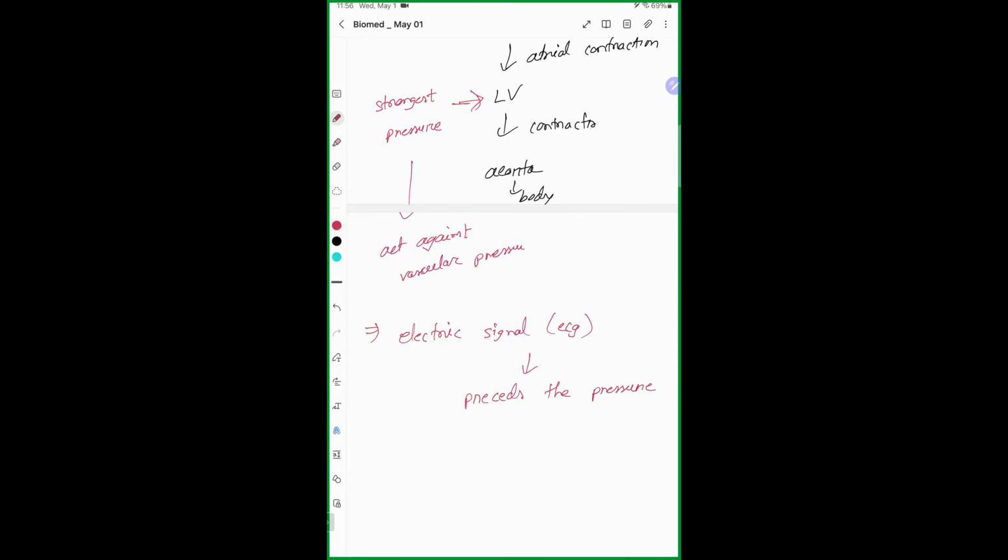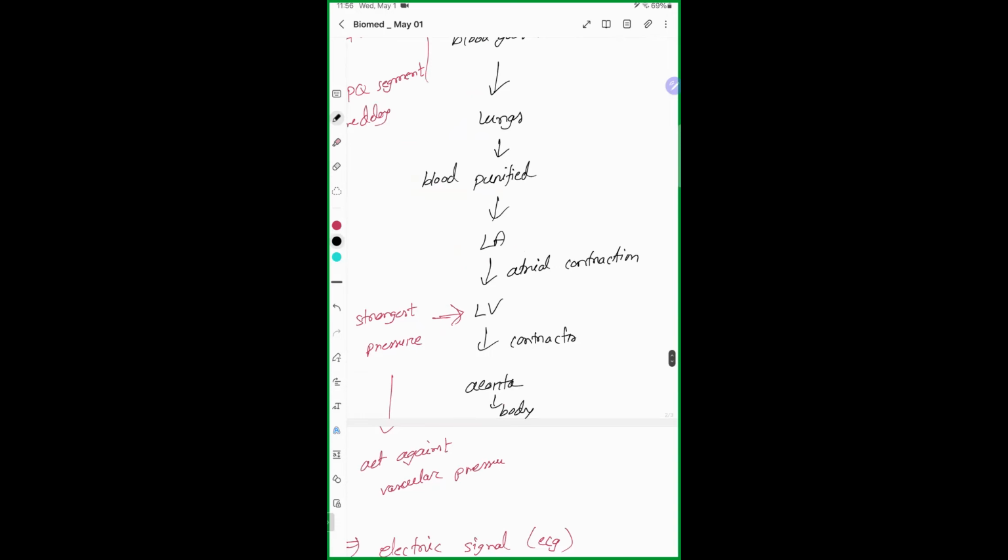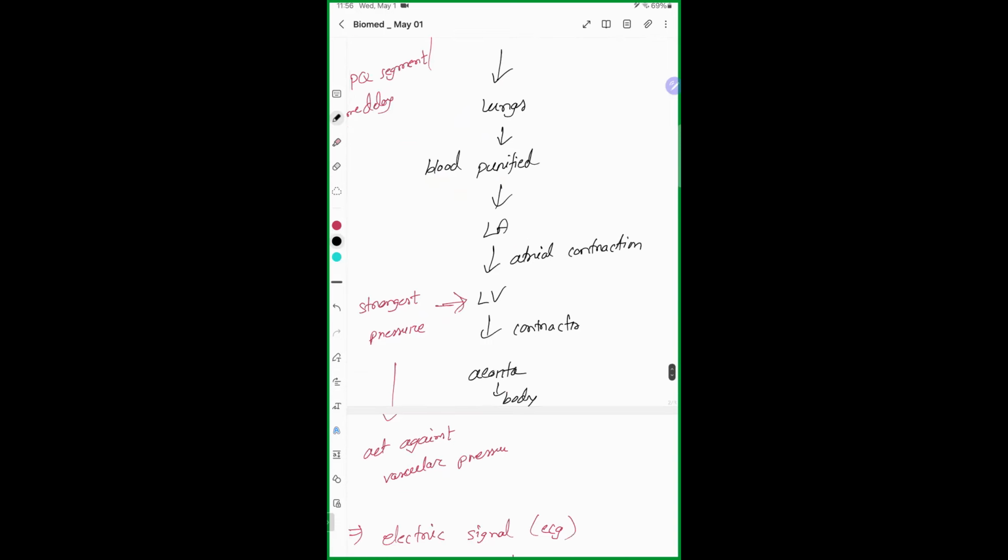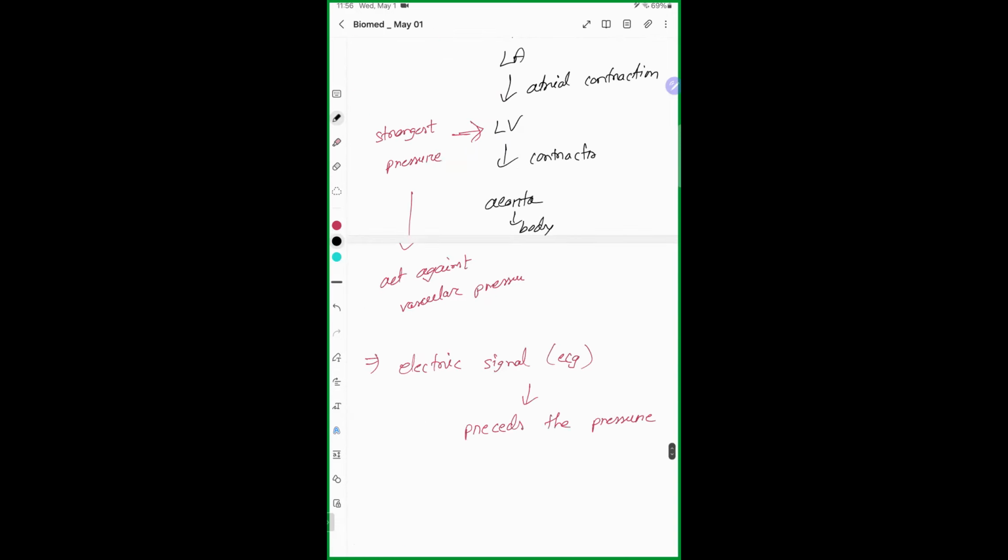First you have the electrical signal, and from its application these things happen, and then you have the result. So there is a small delay between the signal and what is happening in the others.